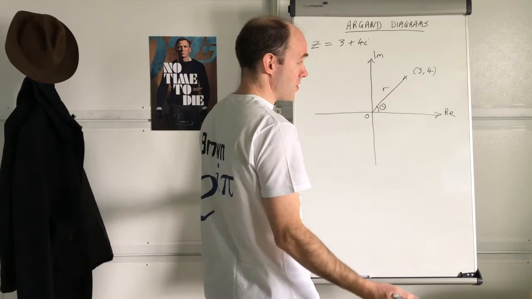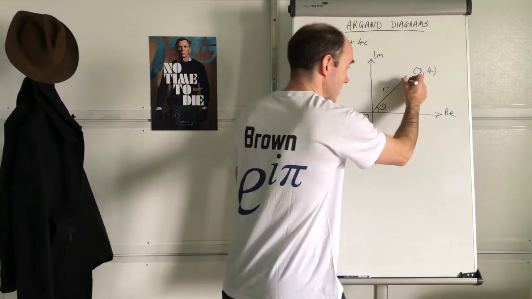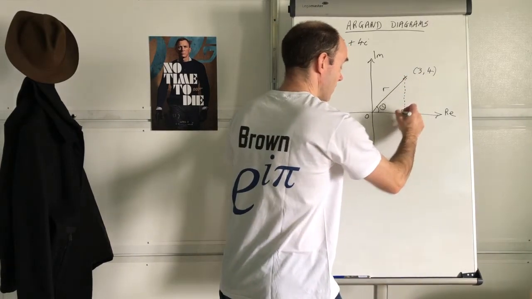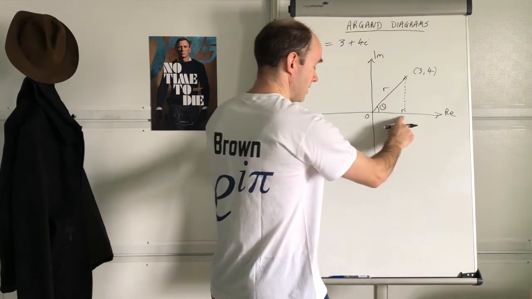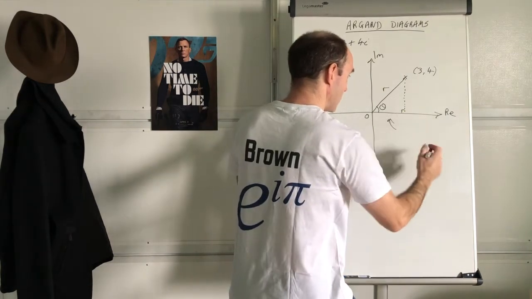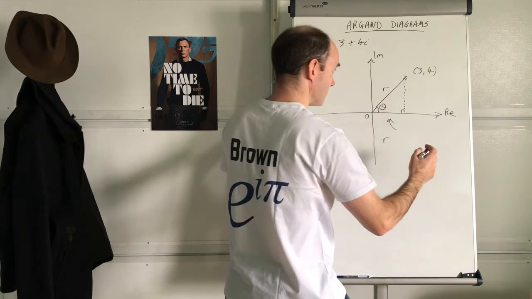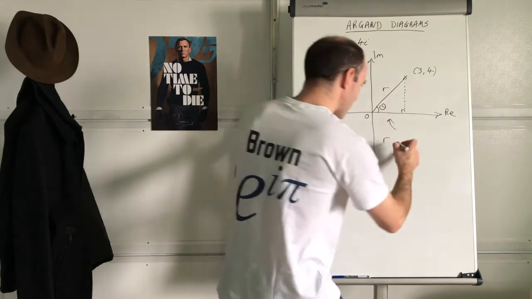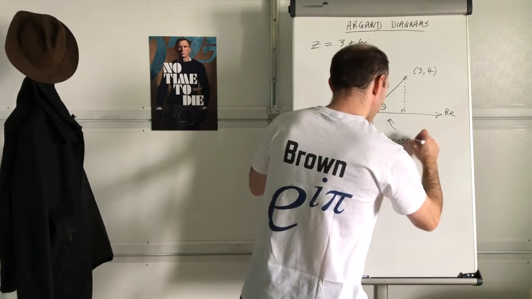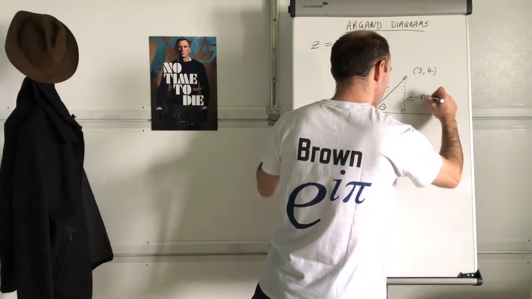To do that, it's very, very simple. Just consider this as a right angle triangle, and this bit here is just going to be r cos theta, and this bit here is going to be r sine theta.